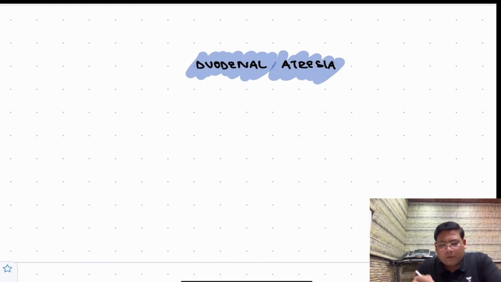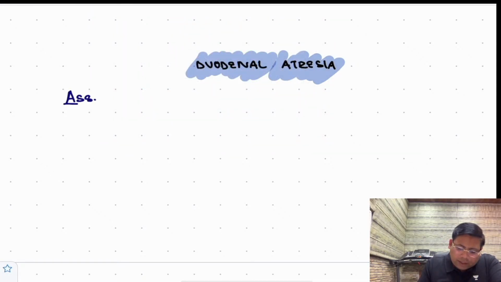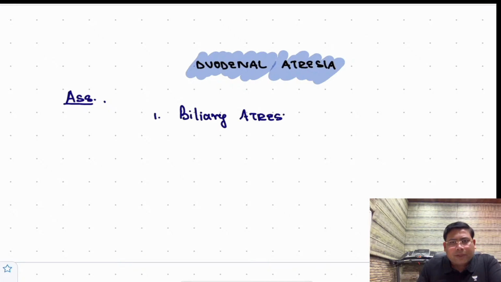So when we talk about duodenal atresia, what are the important must-know things? Actually, if you talk about the causes, there are multiple causes of duodenal atresia, or you can say associations. So we can have it associated with what? Biliary atresia. So biliary atresia can be a reason for duodenal atresia. Second, you must have heard of annular pancreas. So annular pancreas is the second reason.